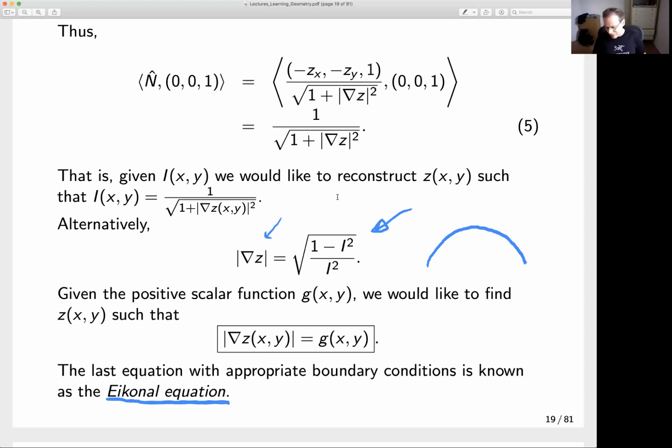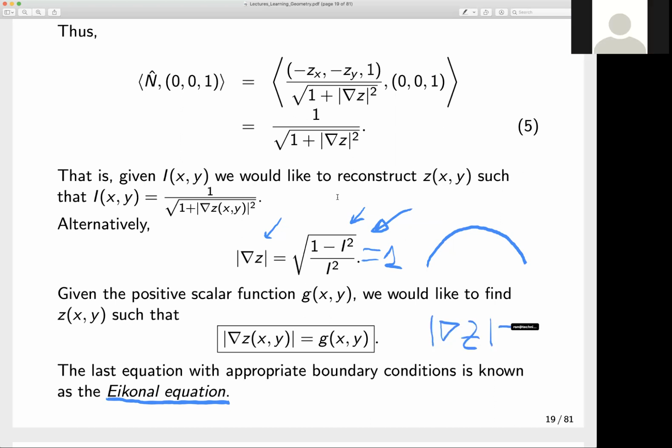And if you think about it for a moment, if, for example, I would have chosen my intensity to be the same everywhere, and assume without loss of generality that it is equal to something that gives me 1 here, okay? So what kind of functions have gradient of z equal to 1 almost everywhere? Are you familiar with such functions? Anyone?